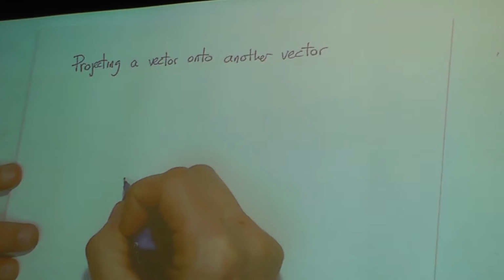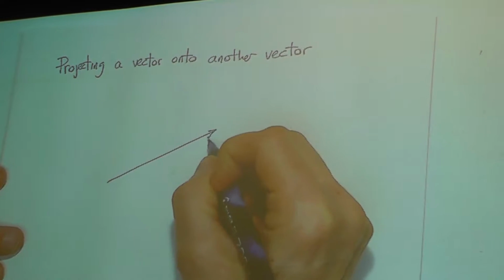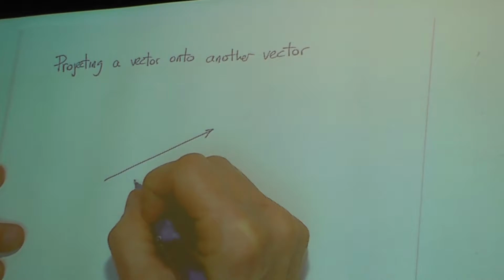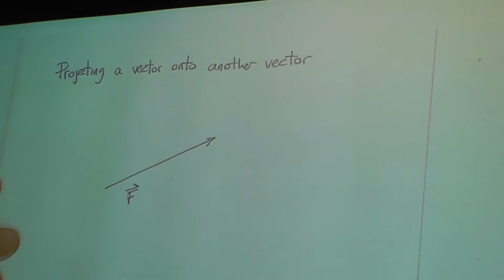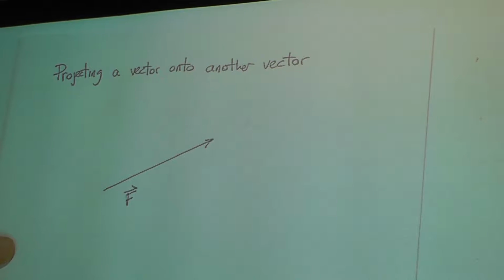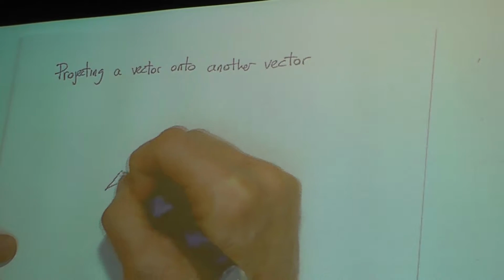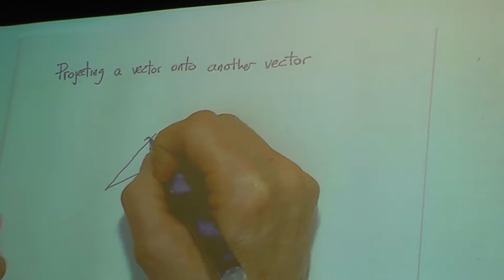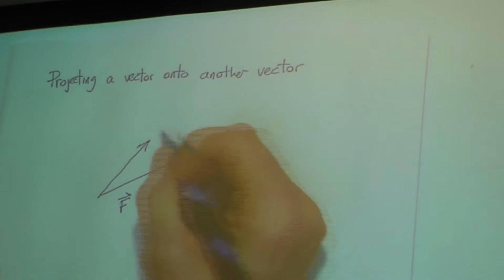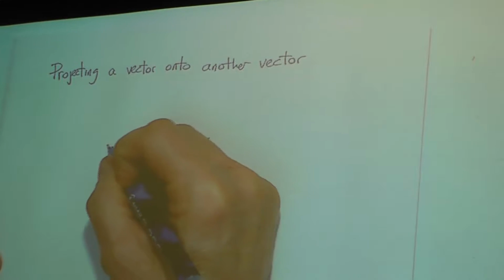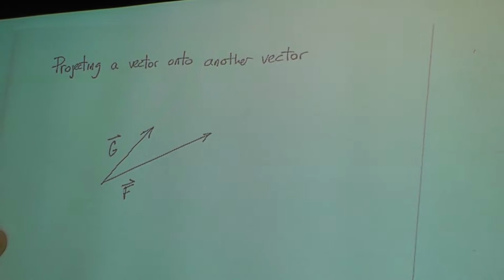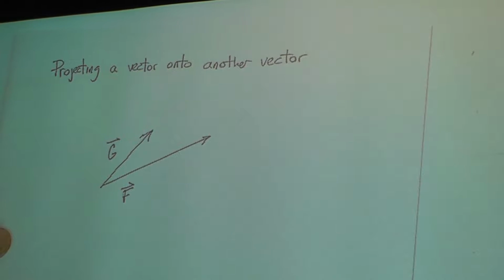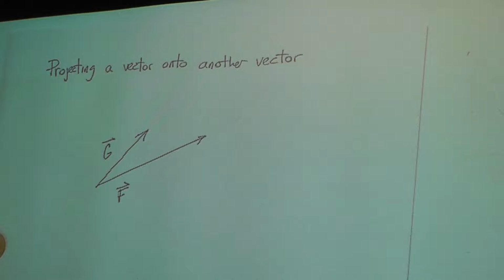Here's a vector, I can call it F. Here's another vector. These may be in 3 dimensions, I don't care. I'll call this vector G. How much of G is in the direction of F?